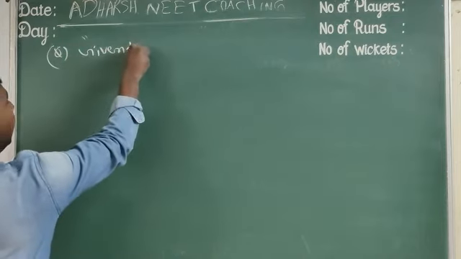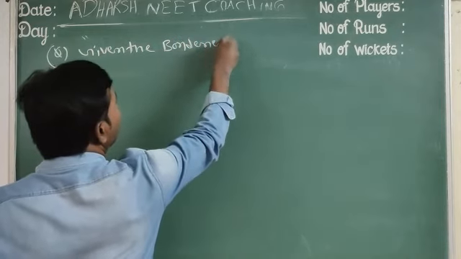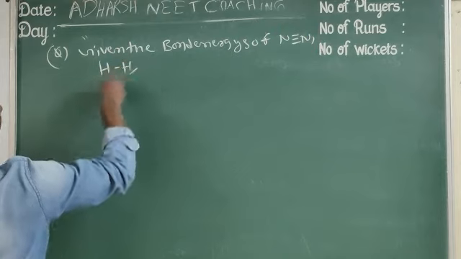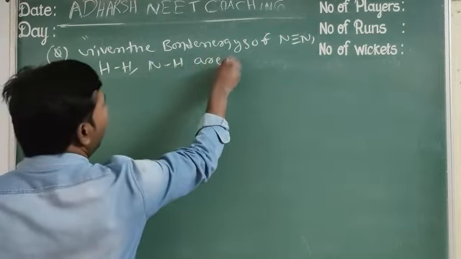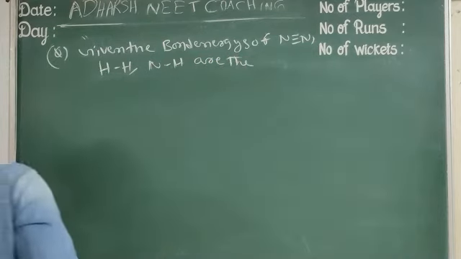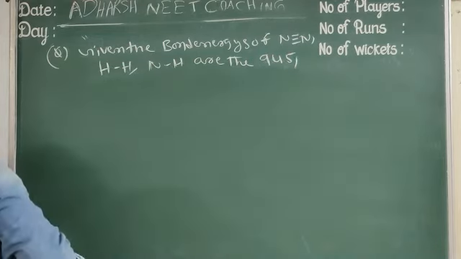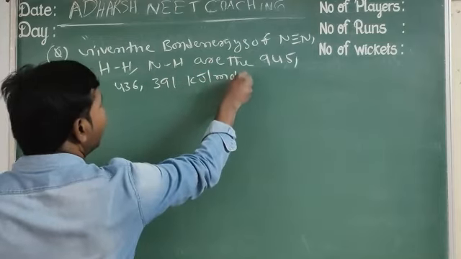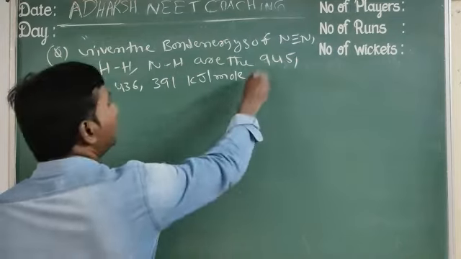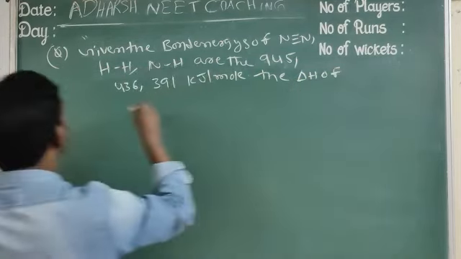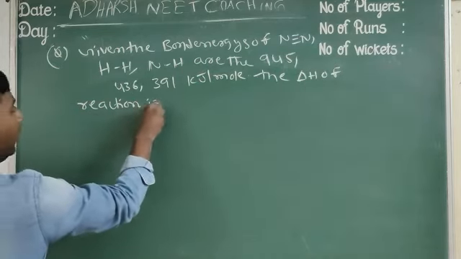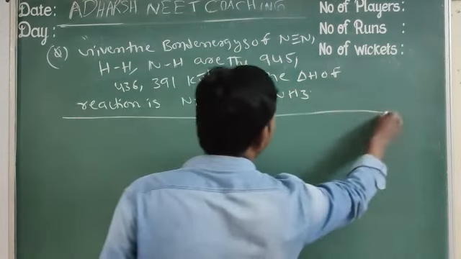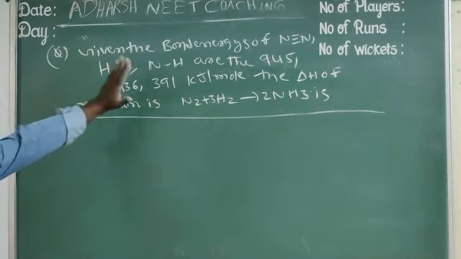Given the bond energies of N triple bond N, H bond H, and N bond H are 945, 436, and 391 kilojoules per mole, the enthalpy of the reaction N2 plus 3H2 gives 2NH3 is what?